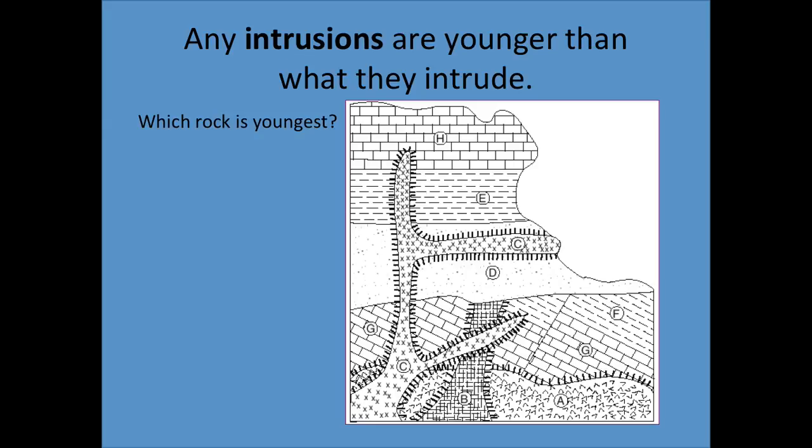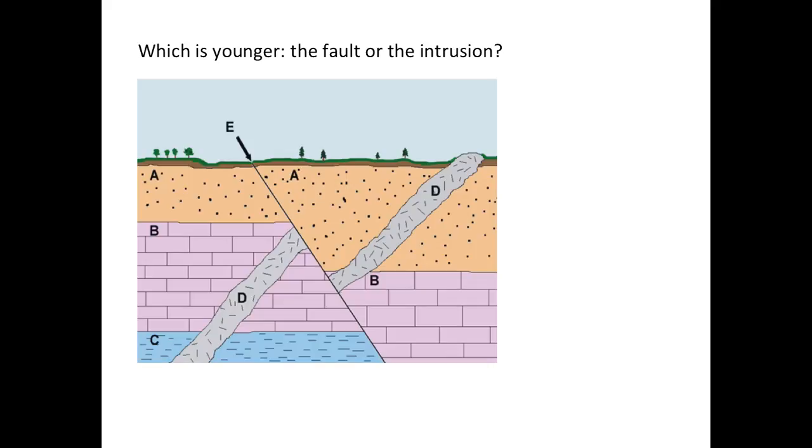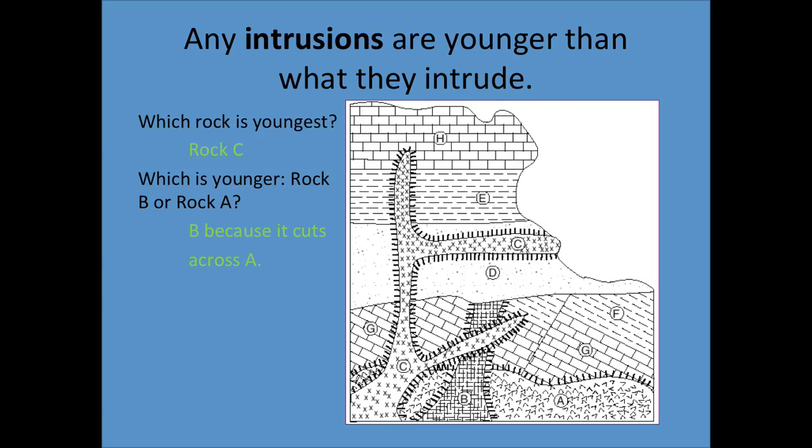The one that cuts across all of them, rock C. Which rock is younger? Rock B or rock A? Again, because B cuts across A, B is younger. And then A would be the oldest of the intrusions, but there's a lot of other rocks in the diagram that you can put in order. So we'll do that in a minute.